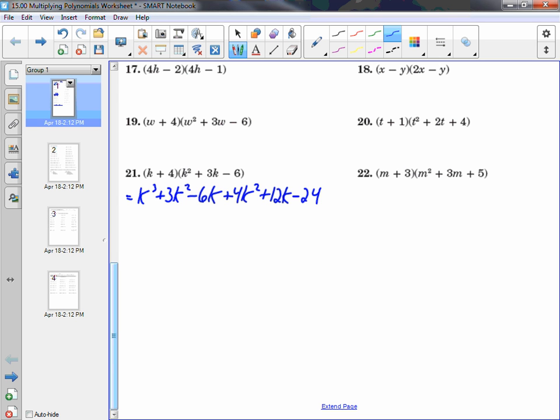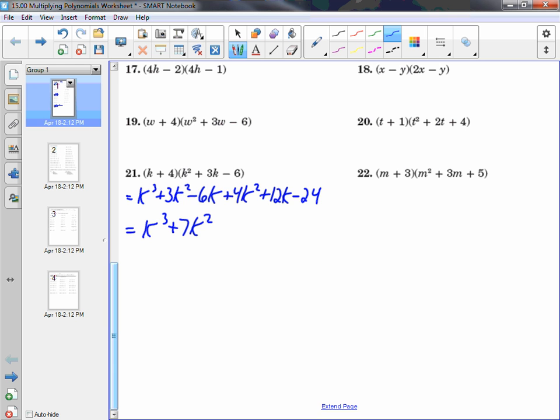And now let's look and see how many like terms we have to combine. Are there any other k cubed terms? Just the one, k cubed. How many k squared terms do you see? 2 of them, a 3k squared and a 4k squared, and they're both positive. So that's a positive 7k squared.